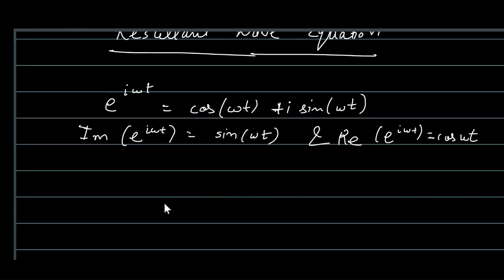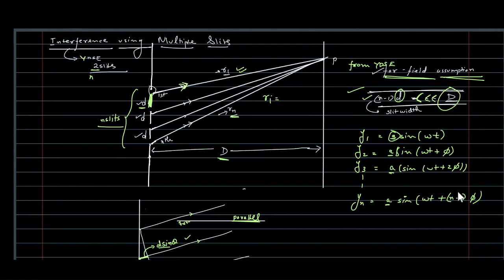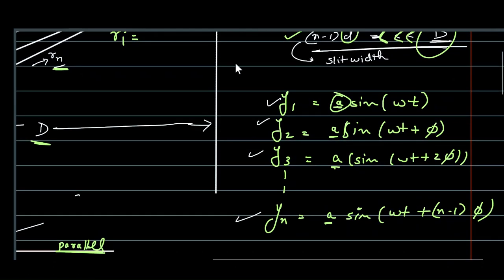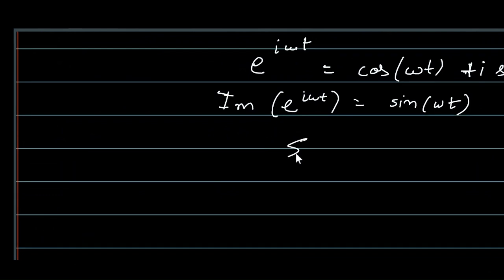So now we will be adding the individual waves which we have calculated earlier. Yes, so these are all the waves. We'll be adding all these waves to get the resultant wave equation, right? So basically we'll be doing the summation of all the y_i's as i varies from 1 to n, to get, let's say, the y resultant.